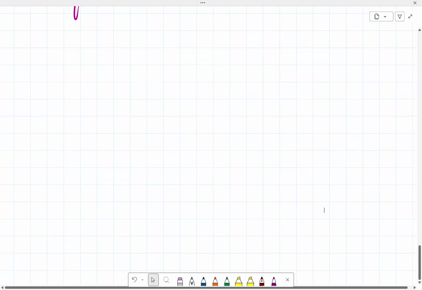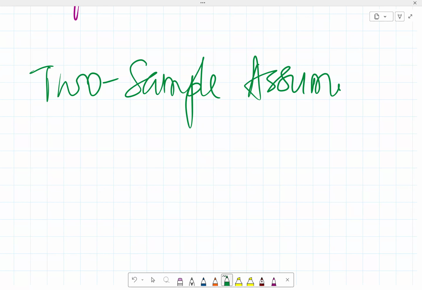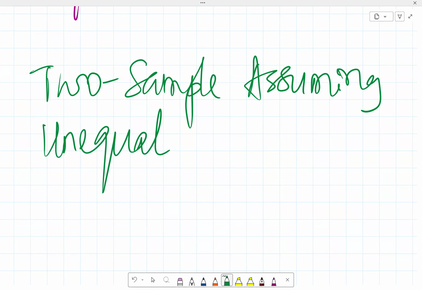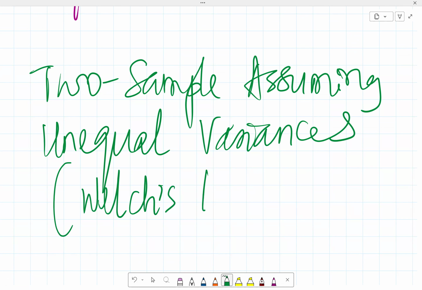Let's talk about the third type, which is two-sample assuming unequal variances. Of course, still talking about independent samples, and here we talk about the Welch t-test.